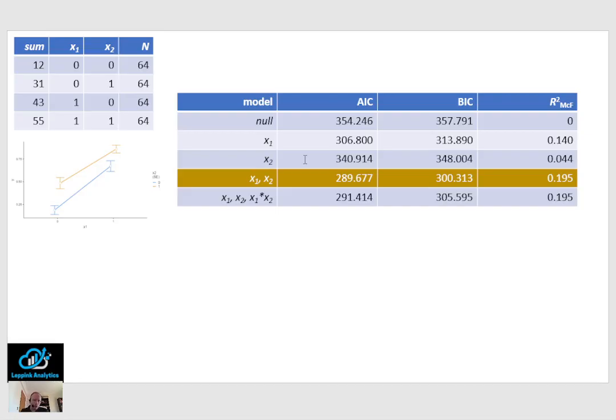So it's no surprise that AIC and BIC are higher for the interaction model, because we have added complexity, but that added complexity does not translate into a substantial improvement in performance. So in this case, AIC and BIC indicate that the main effects only model is to be preferred. On the log odds scale, parallel regression lines. So this is binary logistic regression.